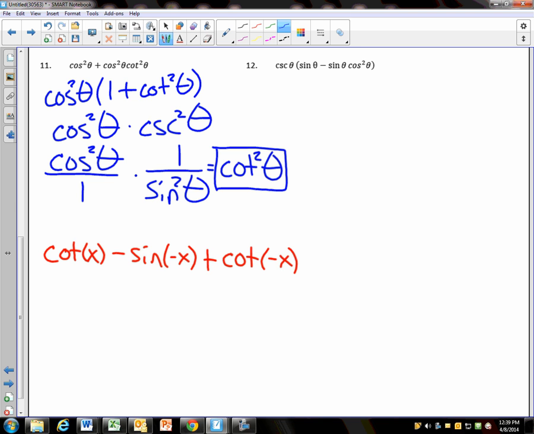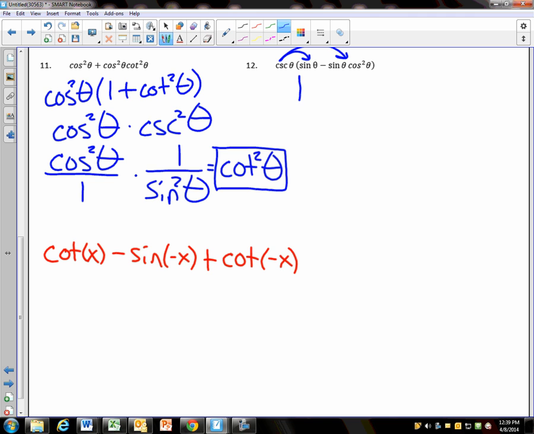So let's do it. Cosecant times sine is 1, because they are reciprocals. Then if you take cosecant times sine times cosine squared, the sine and the cosecant cancel. Either way is fine.